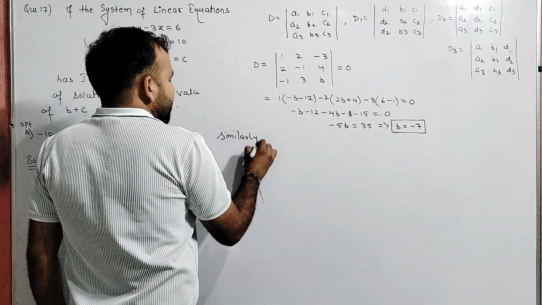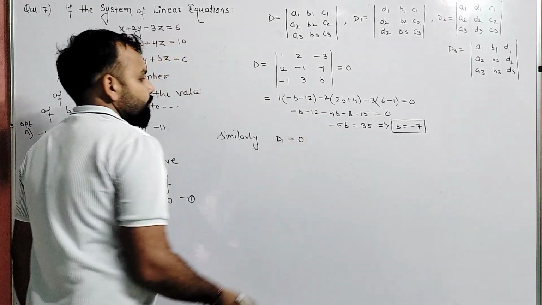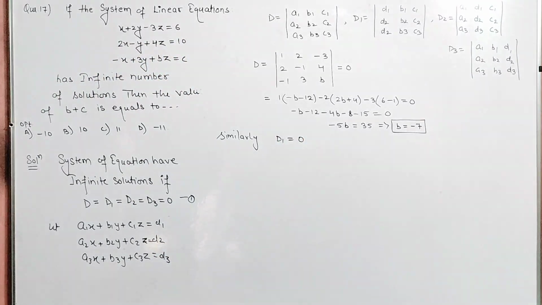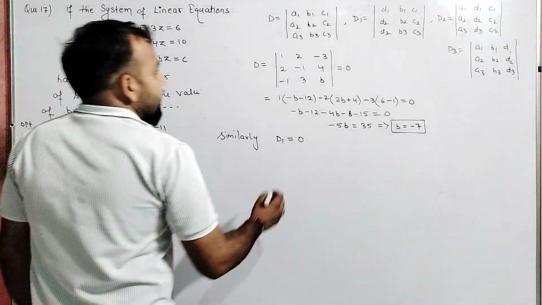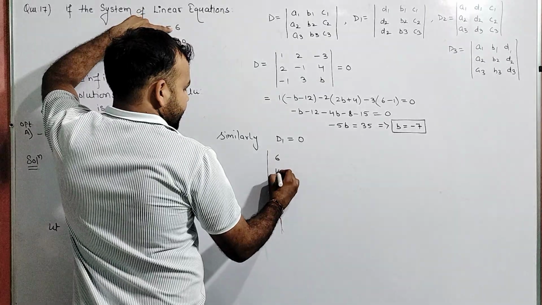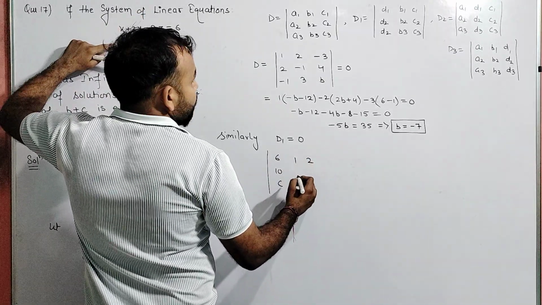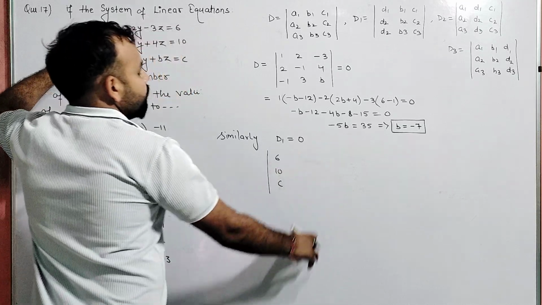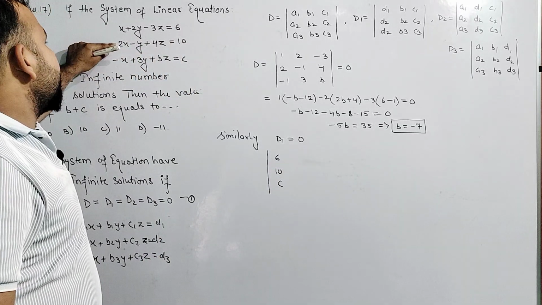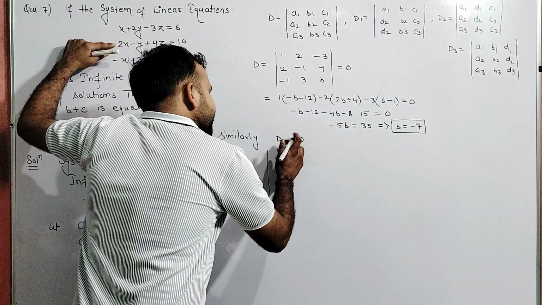Similarly, we are going to calculate D1, which is equal to 0. That means D1, D2, D3, here 6, 10 and c. In that scenario, you can see that student, we are going to calculate D3.